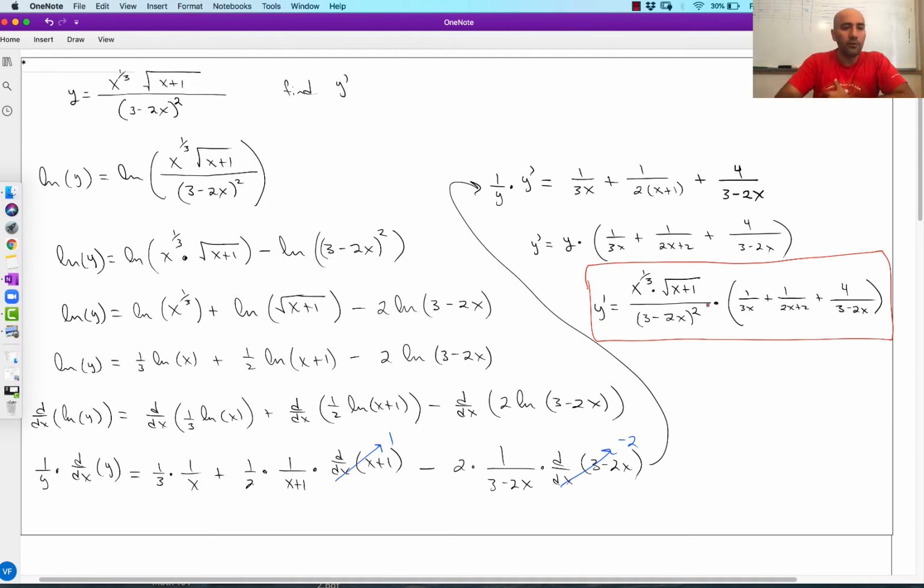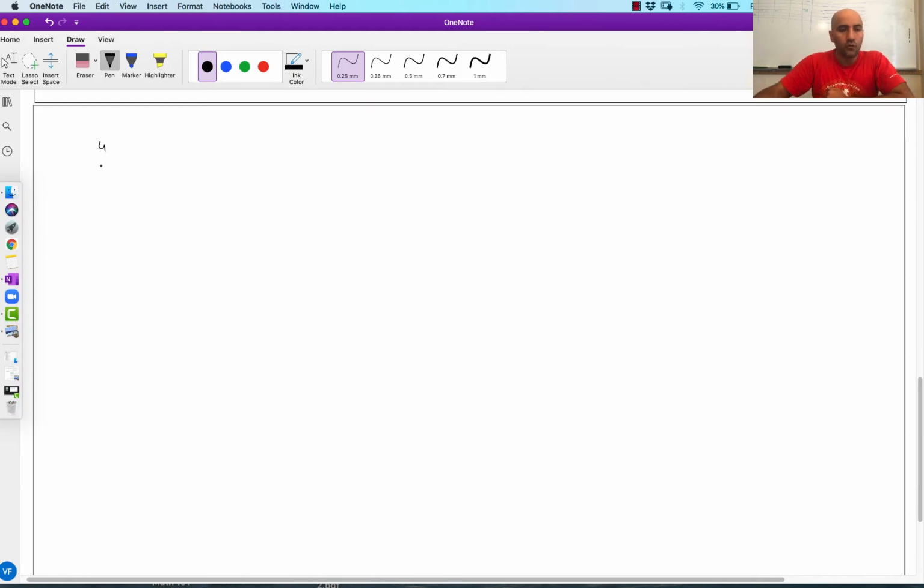Okay, one more example. So y equals sine of x raised to the power of cosine of x is given. Find y prime. Okay, again, we're going to take advantage of our properties of logs to be able to do this.